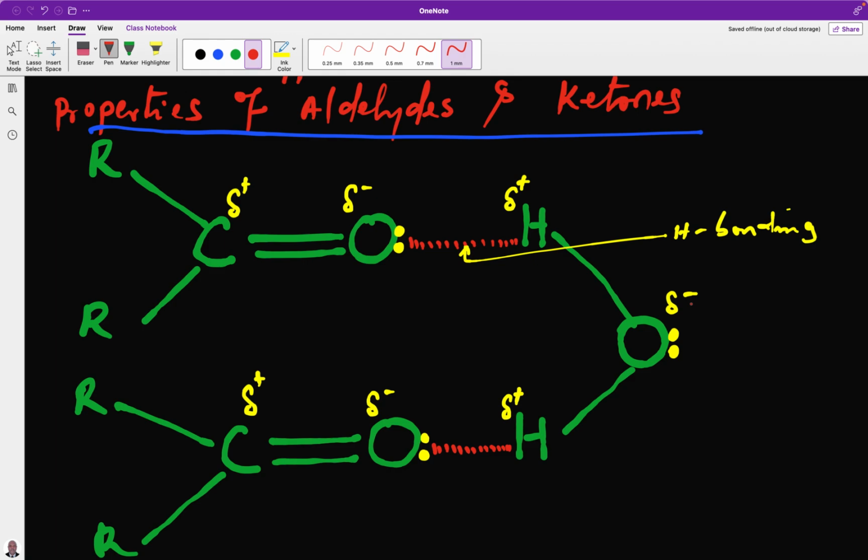An example is the solubility of these compounds in water. The aldehydes and the ketones are very soluble in water because they can form intermolecular hydrogen bonds with water molecules. You can see from the structure here how the lone pair of electrons on the oxygen is used in forming a hydrogen bond with a hydrogen atom on the water molecule.